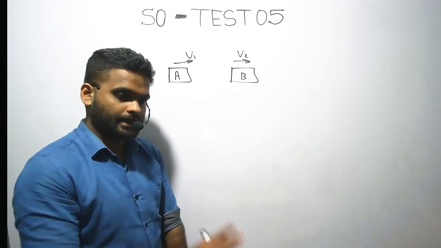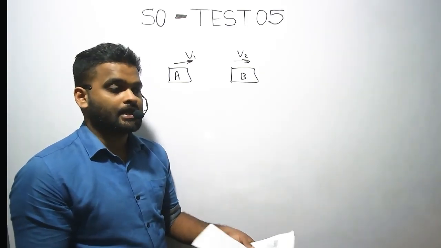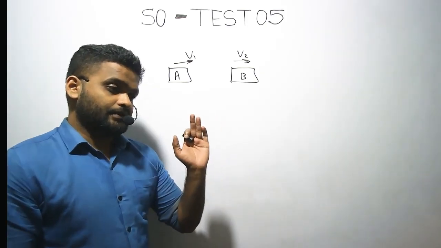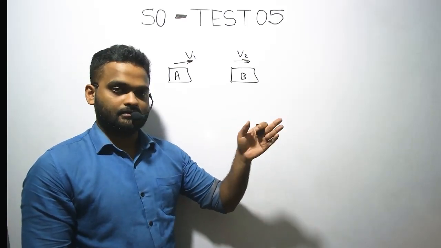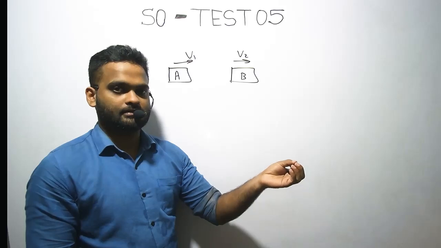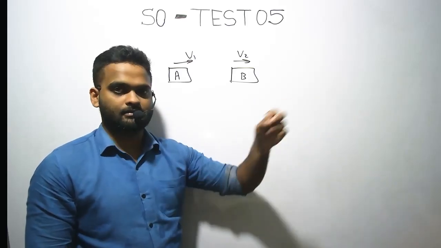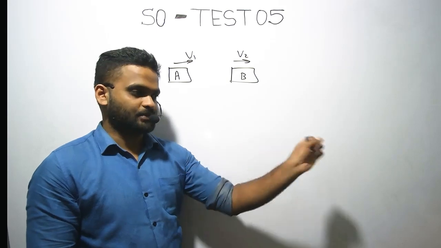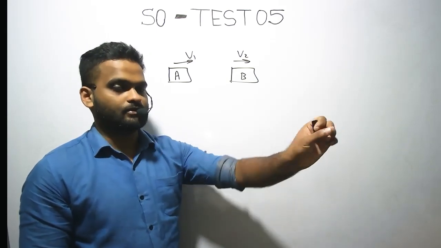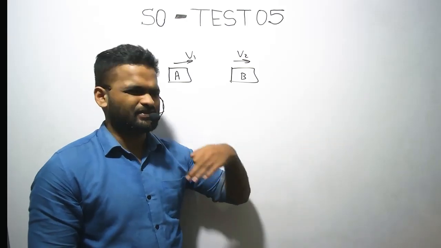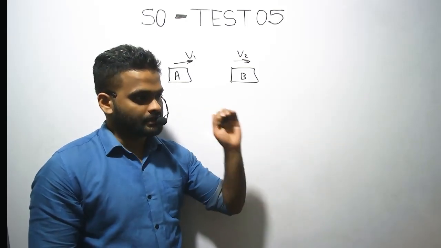If the velocity is relative to something else, then they mention that: relative to that car, relative to that man. They specifically say it is relative to other objects. If they just say velocity, it means relative to Earth.